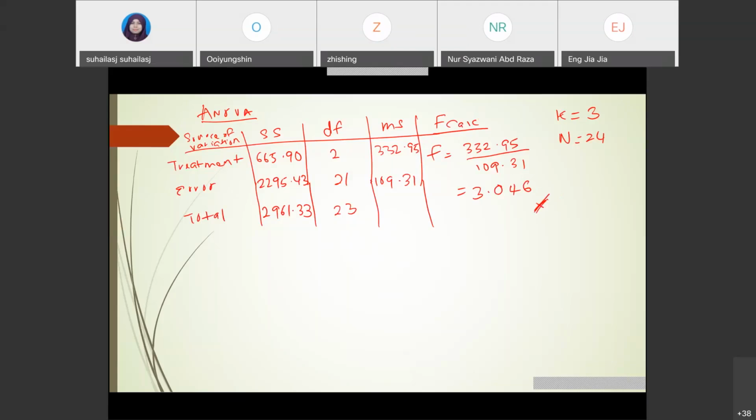Since this is the ANOVA approach, we only reject our null hypothesis, reject H naught, when your F calculated is greater than F alpha. You want to test at alpha 0.05, and your degrees of freedom are 2 and 21. Find it from your stats table. With alpha 0.05, V1 is 2 and V2 is 21.